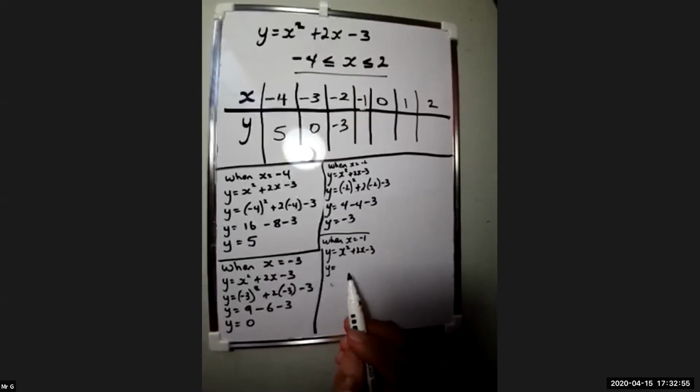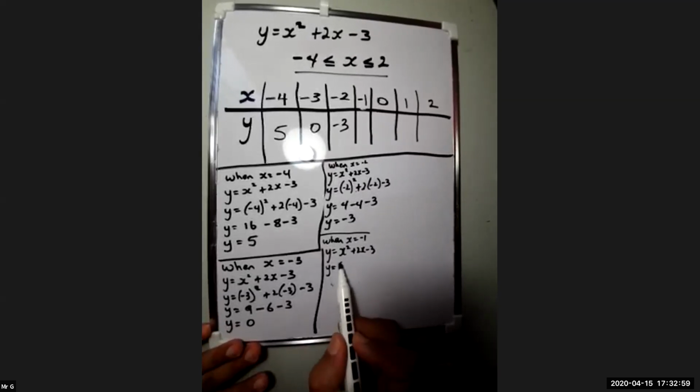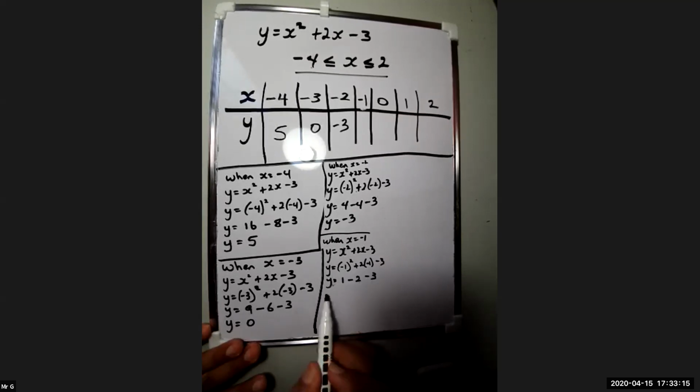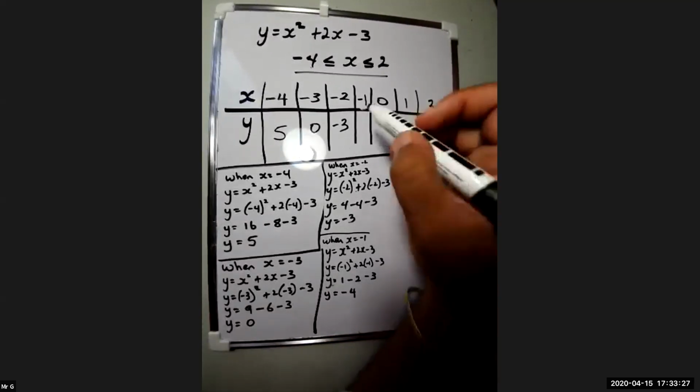Sorry if the camera is jumping because my marker is hitting the tripod. -1 squared is +1. A positive and a negative is a negative, and 2 by 1 is 2, minus 3. So y is equal to 1 take away 2, take away 3, which is -4. So Maria, I hope you identified where you went wrong.